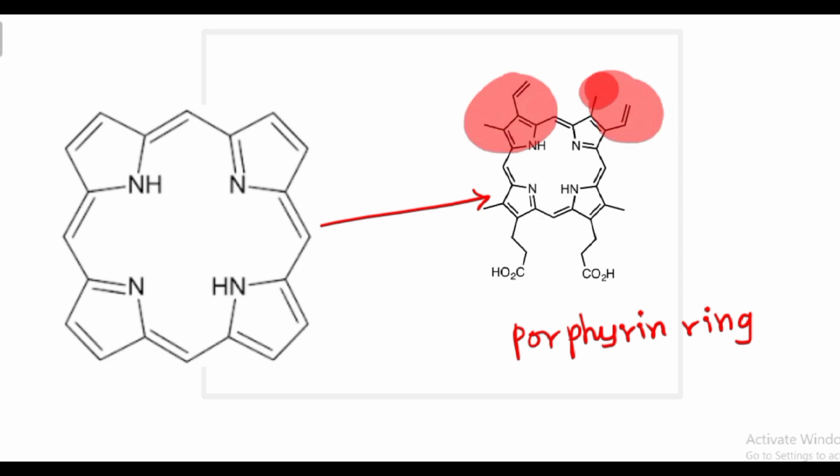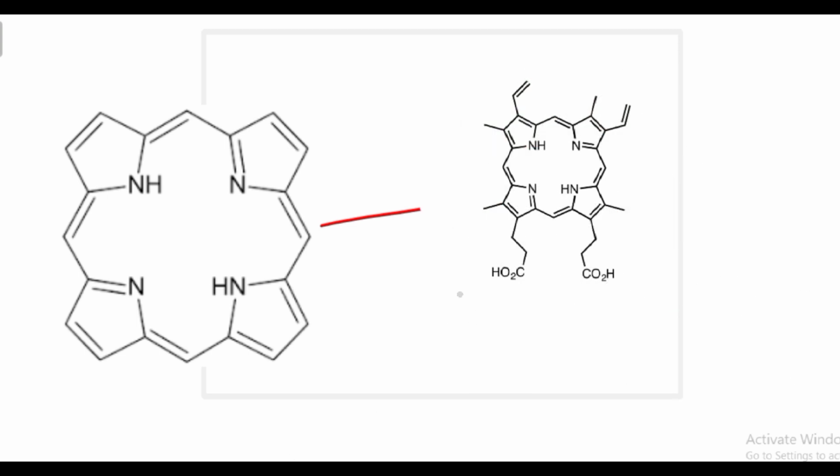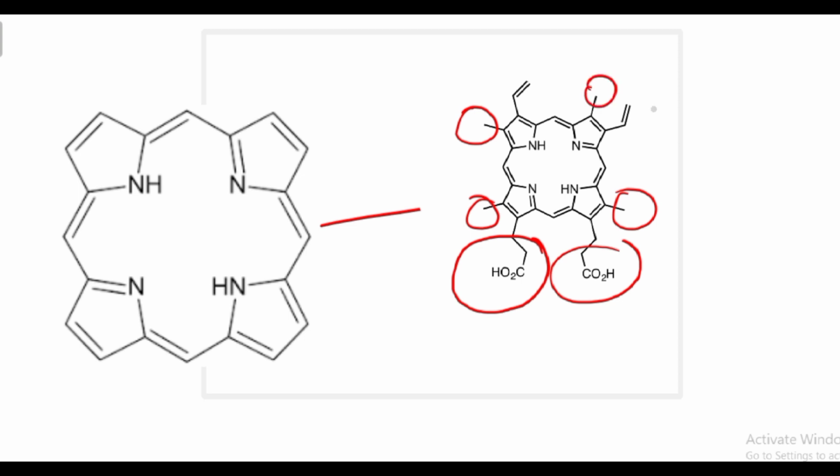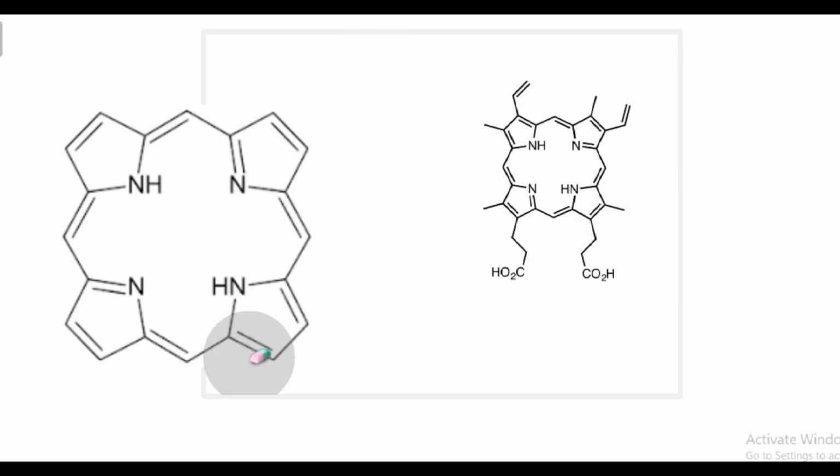So the side chain derivative products are known as the porphyrin ring. What about the derivatives? We can notice here COOH groups, methyl groups and some ethylene groups. These are the side chains.